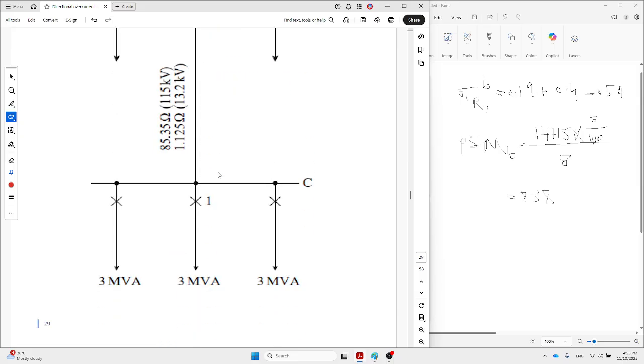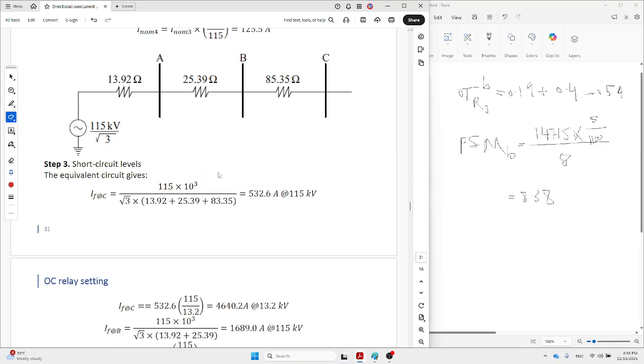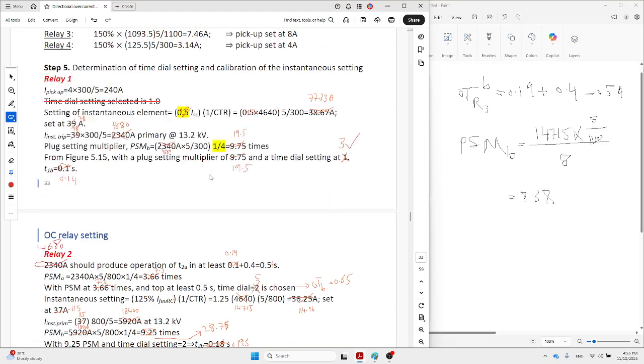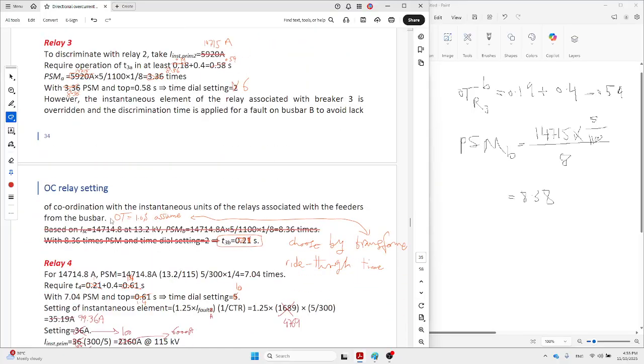For that purpose, we must follow the standard. So here we don't have any choice. Based on the reference, I assume the fast operation time of relay number 3 is set to 1 second. So not more than 1 second. Okay, this is the assumption.